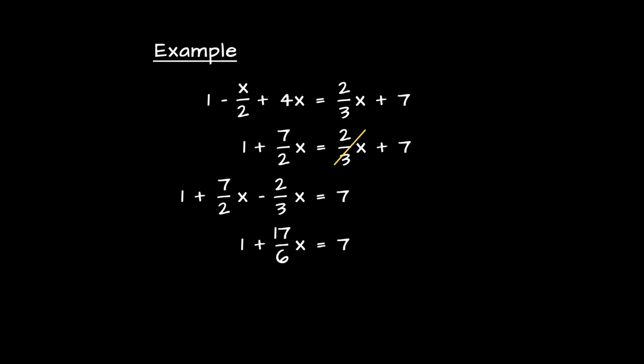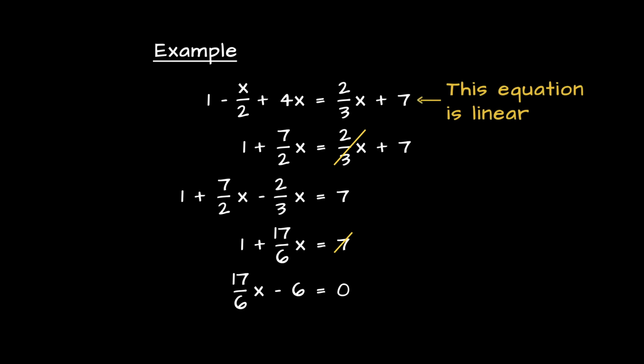And then, to finish things off, I can subtract 7 from both sides of the equation. And after rearranging the terms on the left-hand side just a little bit, we arrive at the equation 17 over 6 x minus 6 equals 0. And this is indeed the form of a linear equation by our definition.